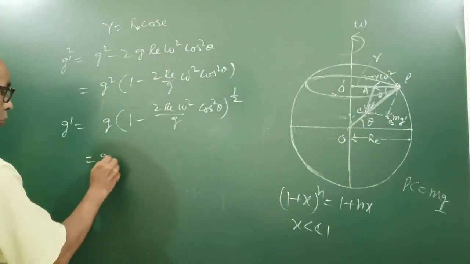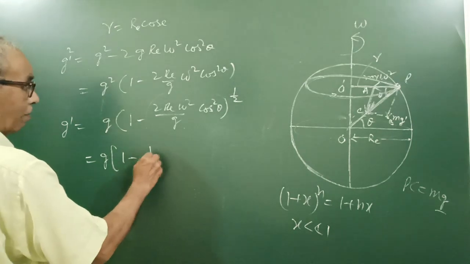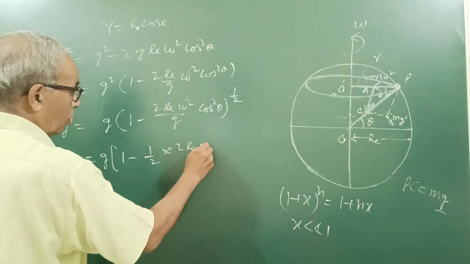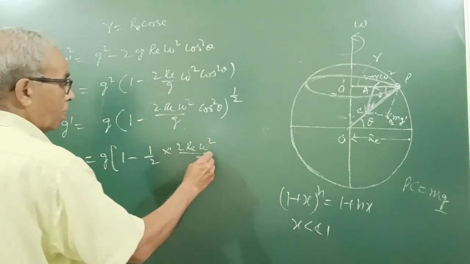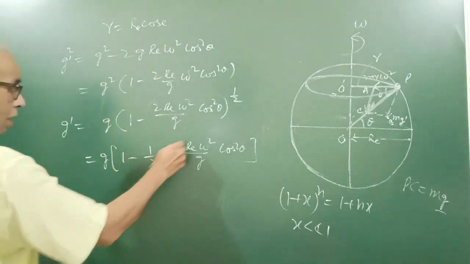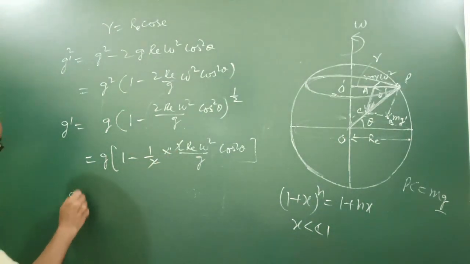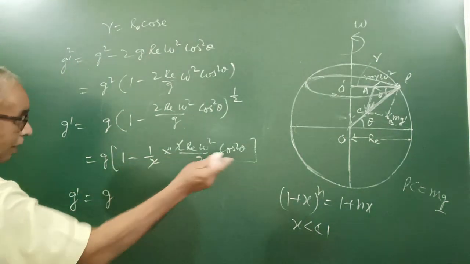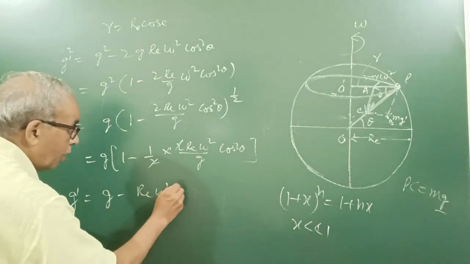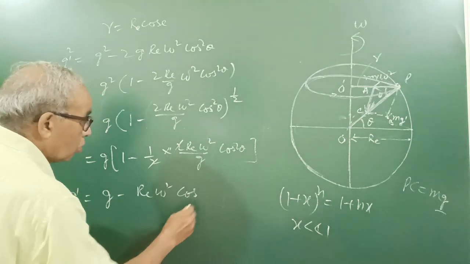So g into 1 minus half into 2 R e omega squared upon g cos squared theta. This cancels. So we get g dash equals g minus R e omega squared cos squared theta.